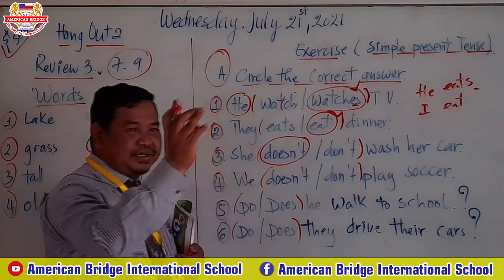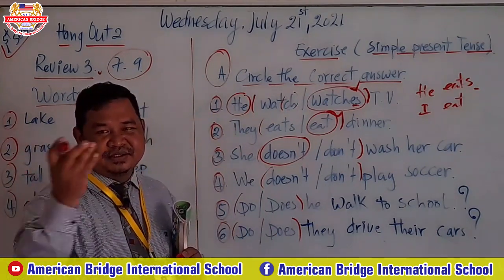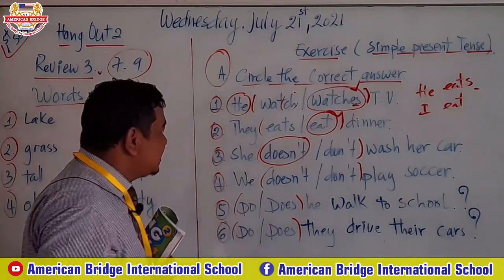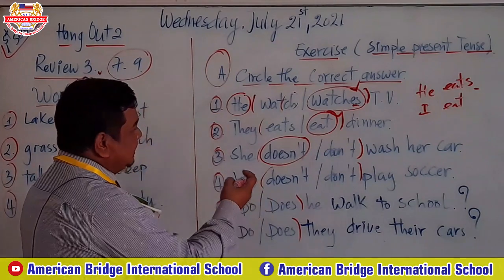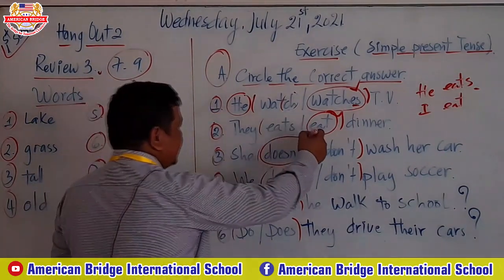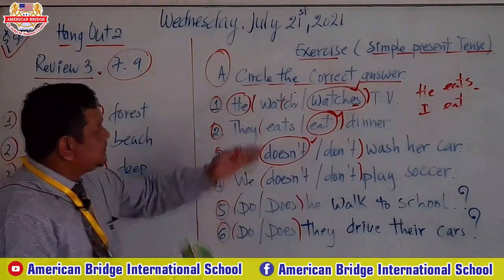And do goes with I, we, they, you. So even in the negative form, you have to use does. Doesn't is the correct answer. So don't use don't.